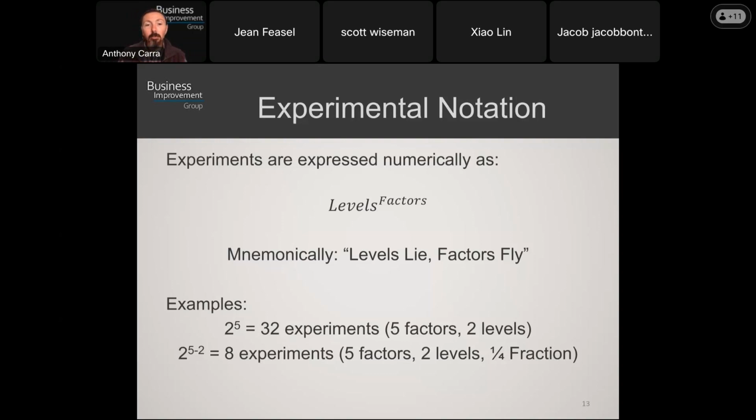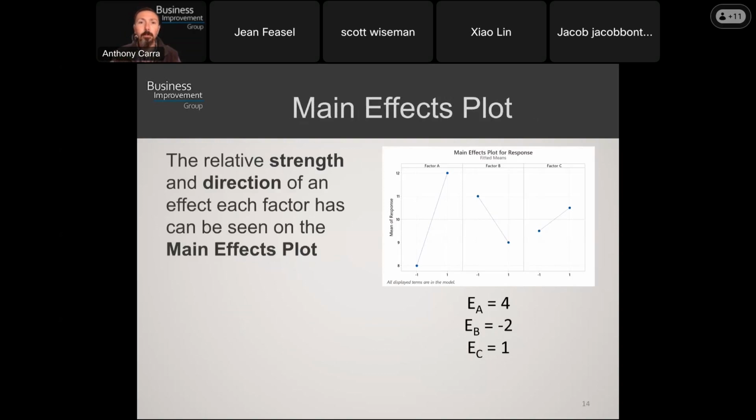And what that tells me is with 5 factors and 2 levels, I can get some good valuable insight with only 8 runs, but this would be considered a quarter fraction factorial, where we're only running a quarter of the possible combinations that we would have if we did the full factorial. Again, we're going to see that there's still value in this. We're still going to be able to garner good information from these fractional factorials.